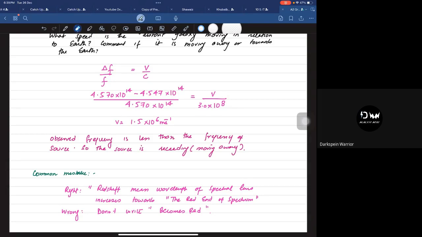Can't we just say wavelength increases closer to wavelength of red light? You can say that, but you can't say it becomes red, because it doesn't become red. It just becomes closer to it. That's right. Okay.